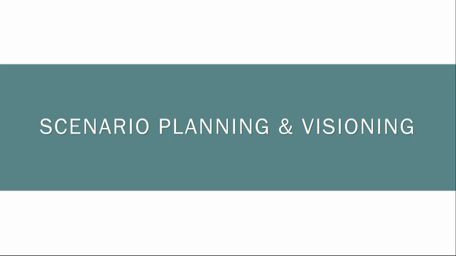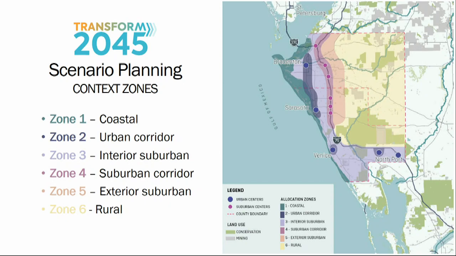Through our long-range planning process, we have used a scenario planning and visioning effort that identified 4 different scenarios that were analyzed, and this was for the 2045 plan that we are currently implementing.